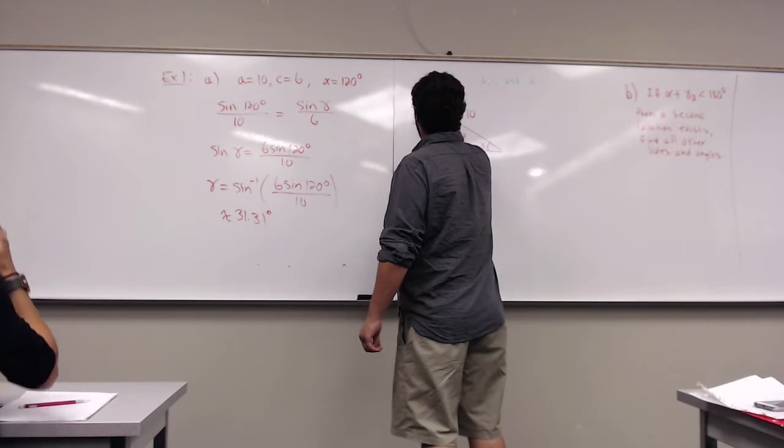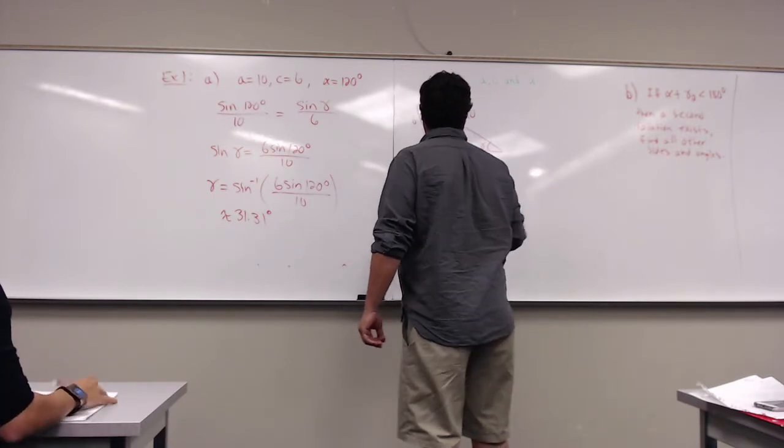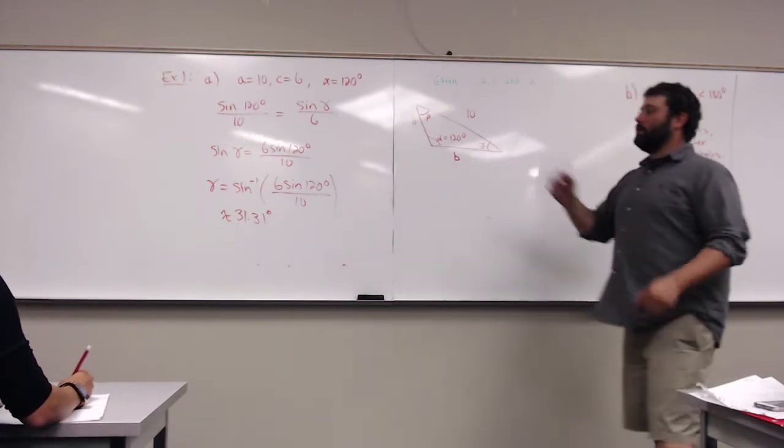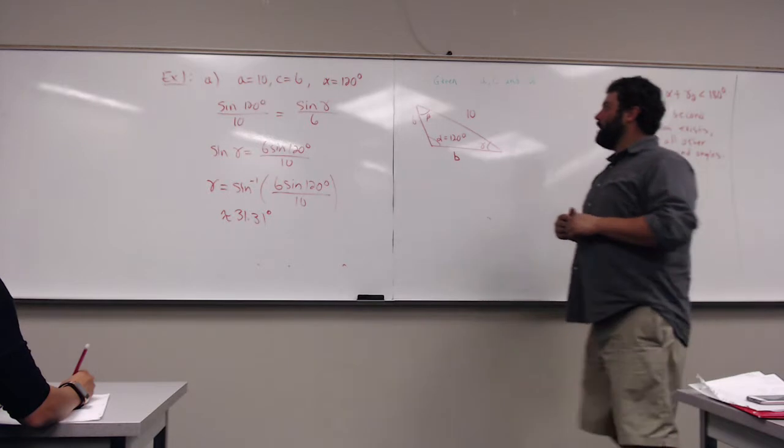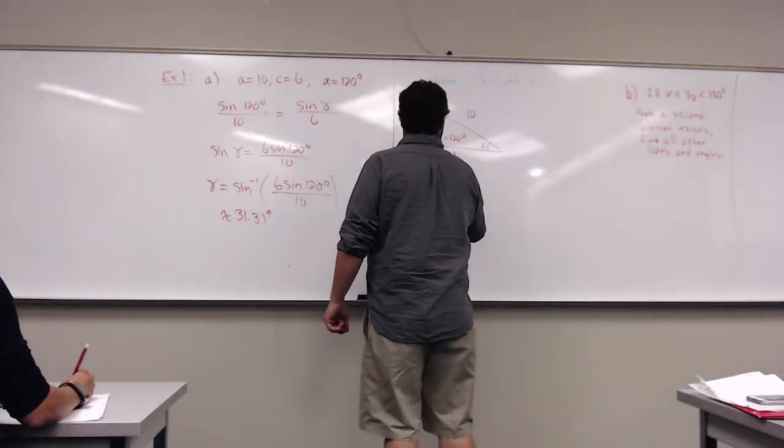So this is going to be beta, and the side length on the bottom is going to be B. We now know gamma is 31.31 degrees. So beta is going to be what?